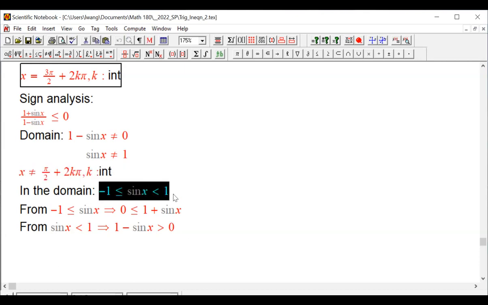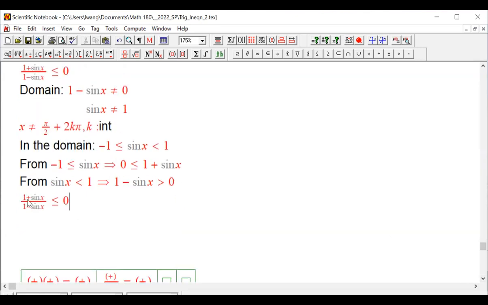So in the domain, the numerator is always greater than or equal to 0, and the denominator is always positive. So for the whole thing to be negative or 0, there's only one choice, because the numerator is always this way for all real numbers x.